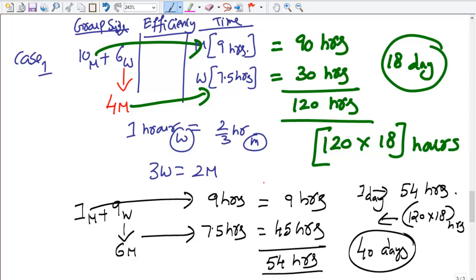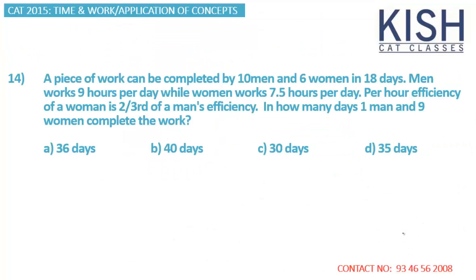Do remember, even if you convert women into men, you need to remember that that particular group works only for 7.5 hours. It does not mean that they work for 9 hours. Next one.